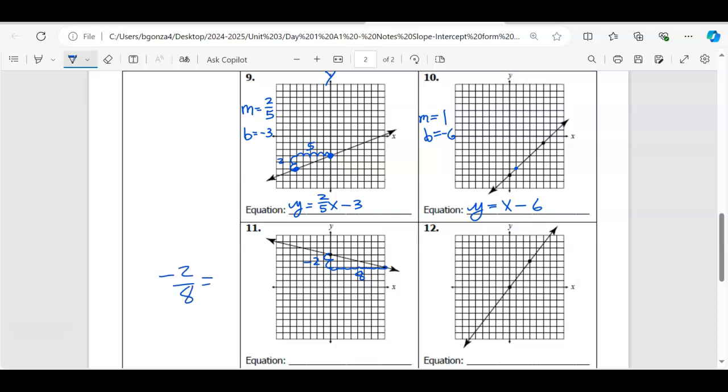Negative 2 over 8 reduces to negative 1 over 4. The y-intercept is right here at 5. So we get negative 1 over 4 x plus 5. All right, and then 12 is up 1, 2, 3, 4, 1, 2, 3. That's 4 over 3 x.